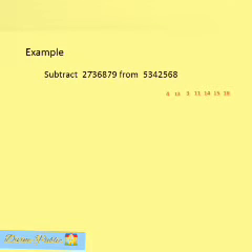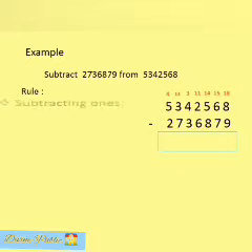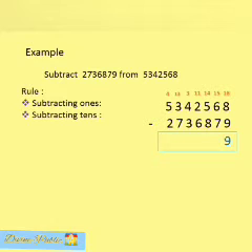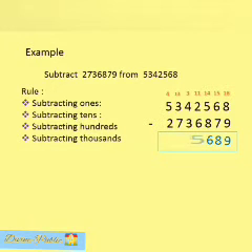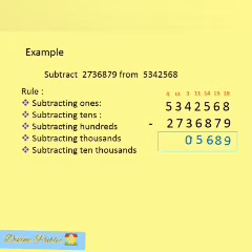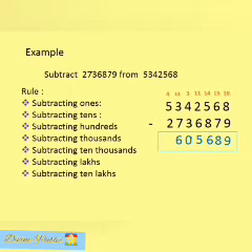Subtract 27,36,879 from 53,42,568. To solve this, again we have to follow the rule. Firstly we have to arrange the numbers in columns. Then we have to subtract the ones place, tens place, then hundreds place, then thousands place, then 10,000s place, then lakhs place, and 10 lakhs place.